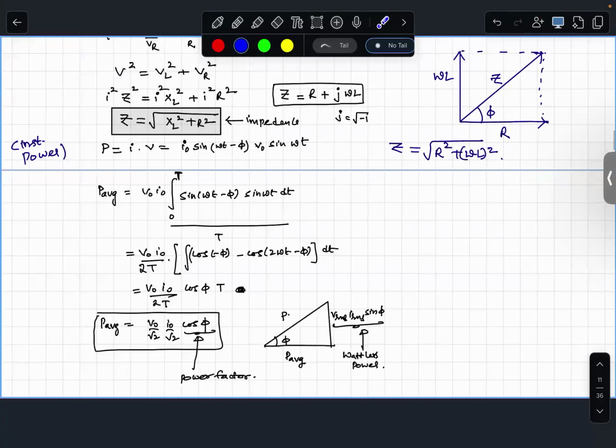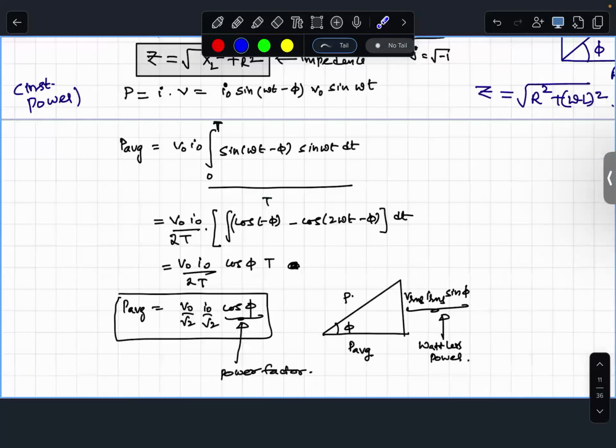Now, this allows me to understand the average power. I have integrated the average power between the limits 0 to t.